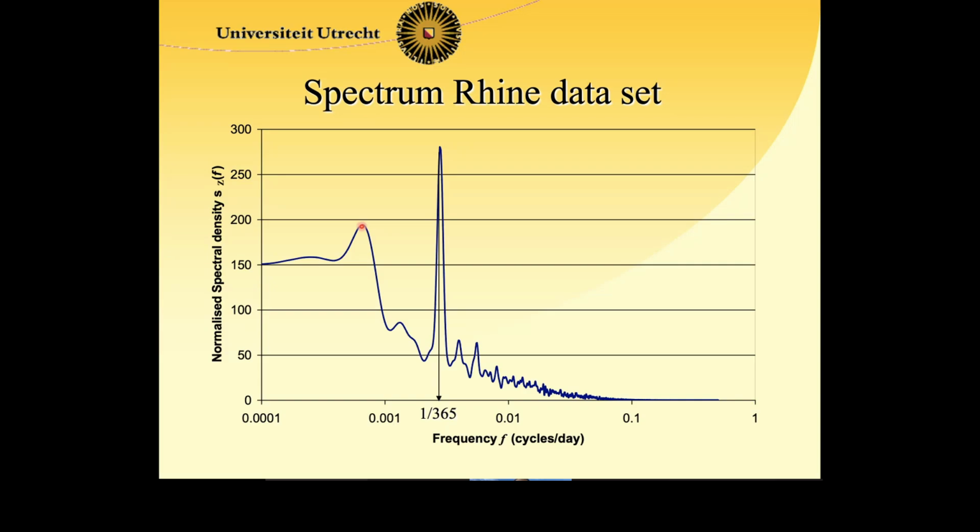If anybody knows what that is, I suspect it has to do with the North Atlantic Oscillation, maybe, or large-scale phenomena like that. This is a significant spike here, but what it is, we don't know.